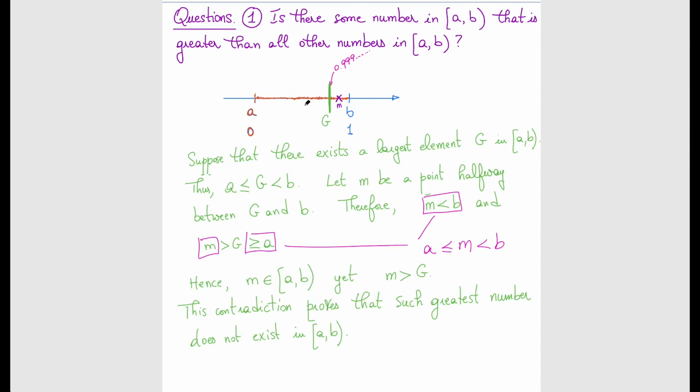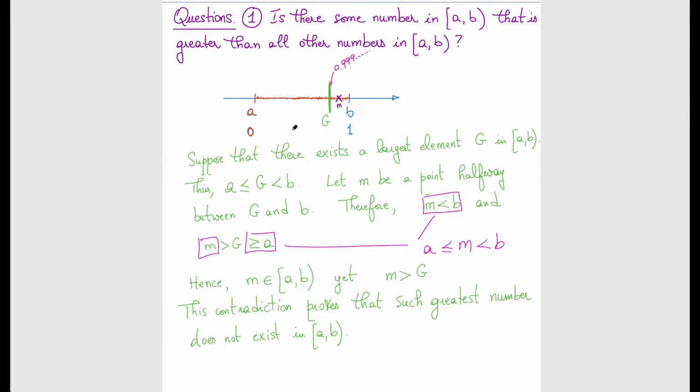So I went back to the abstract context because I don't want to talk just about (0, 1). I want to talk about an abstract context, AB, because the question is about the abstract context. So if such a number G exists, if there exists an orange dot which is the largest, I found an element which is also orange yet bigger than the supposed largest. So what does it mean? I just contradicted the fact that this G exists. So this G must not exist then.